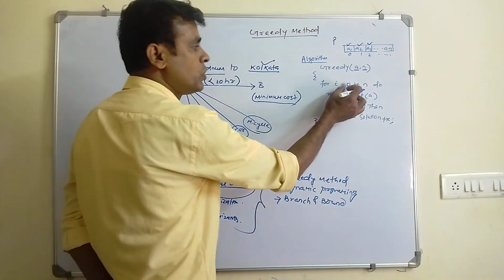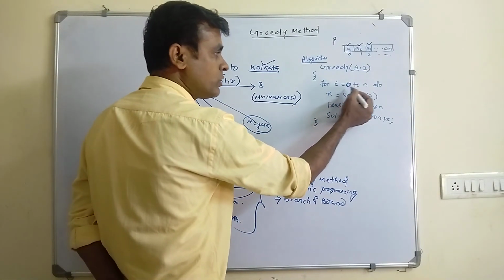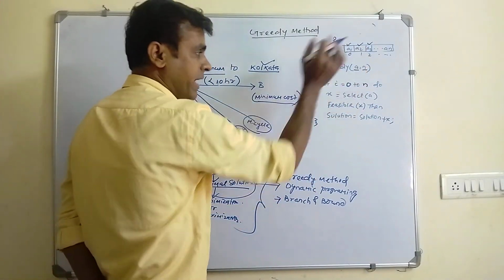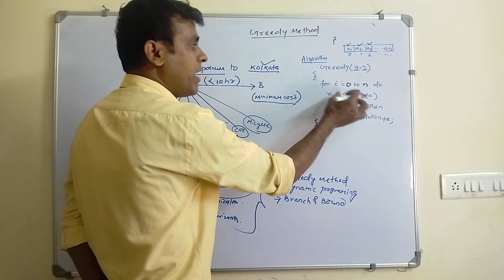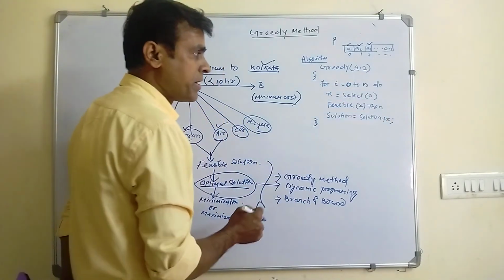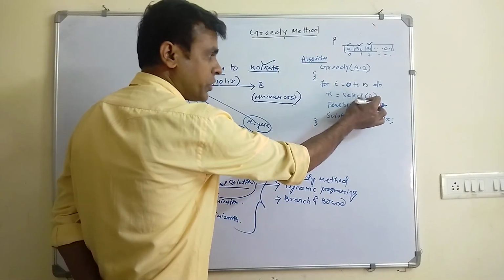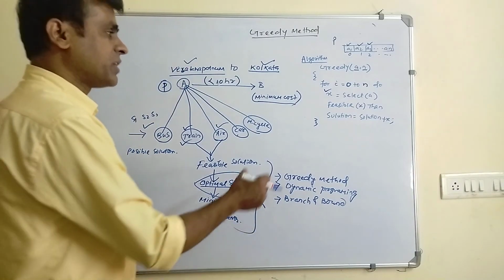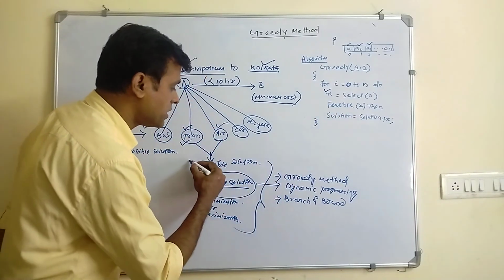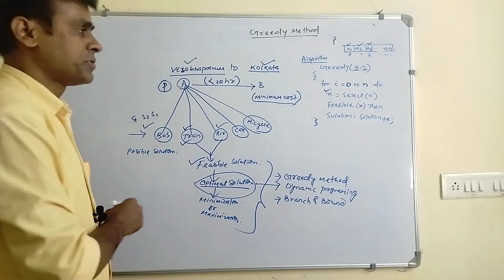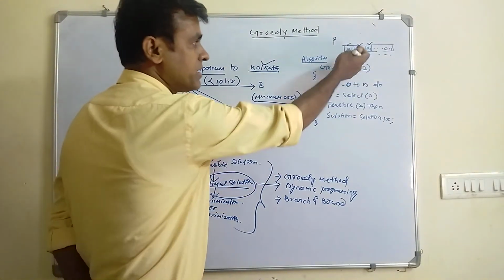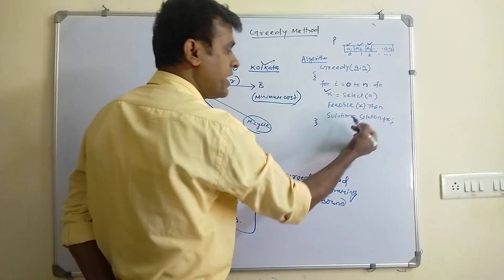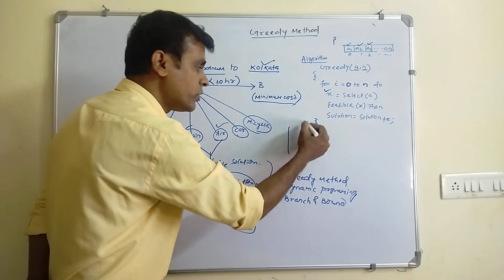You start from the 0th index to the nth index, as we discussed about arrays. You select an input and find a solution, called X, and if that solution is a feasible solution, then you put it into your solution vector.